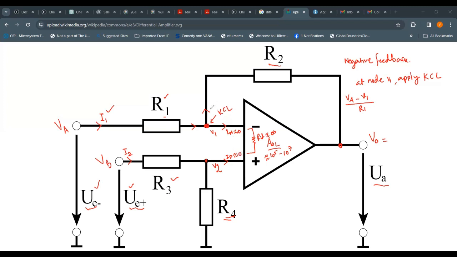Now this current which is trying to go through R2, let's call it IF, because that's the feedback branch. So we say that the incoming current is equal to outgoing current. Therefore we'll write V1 minus VO divided by R2. That is the current. So here essentially you are saying I1 is equal to IF.